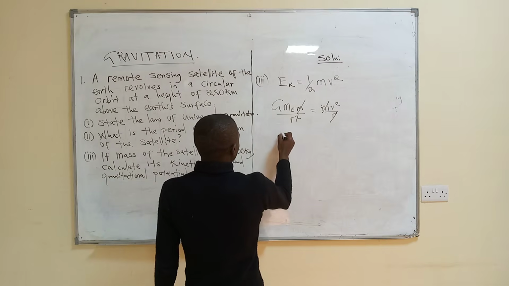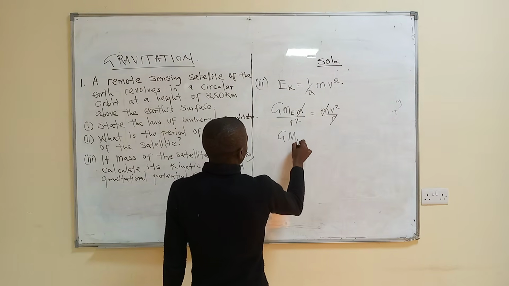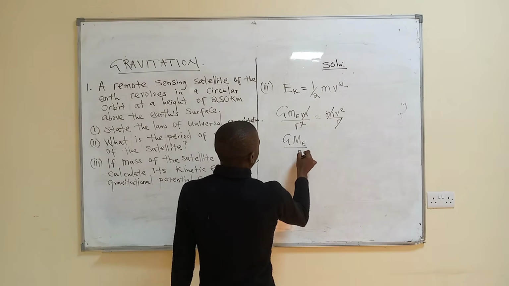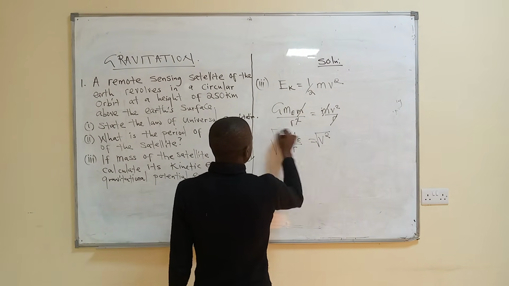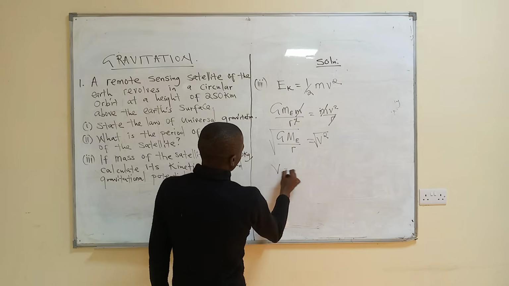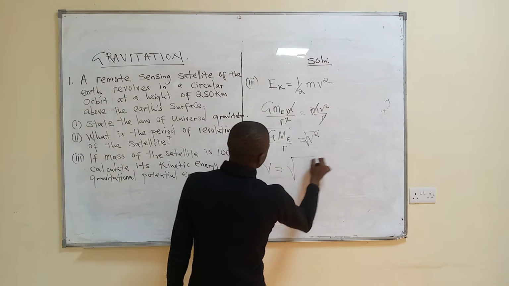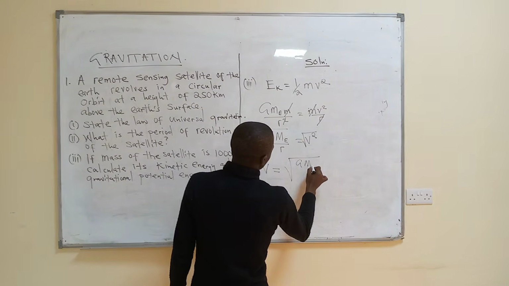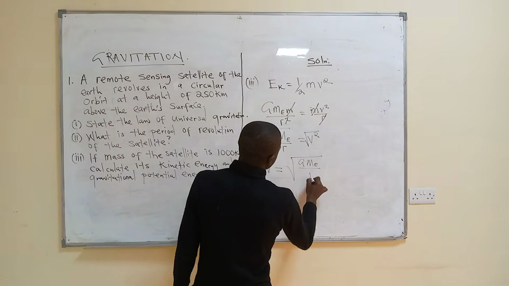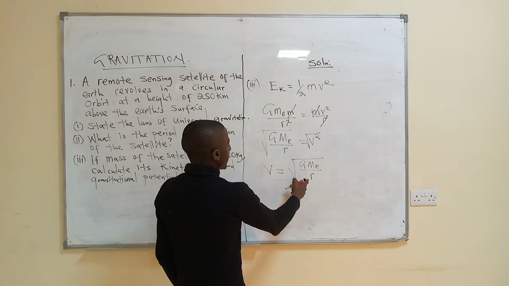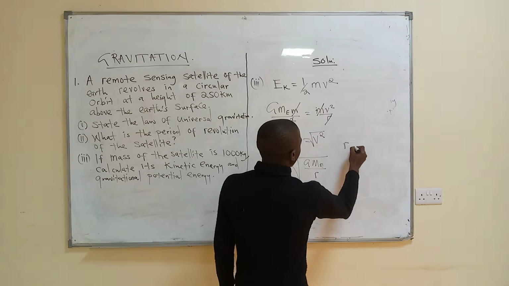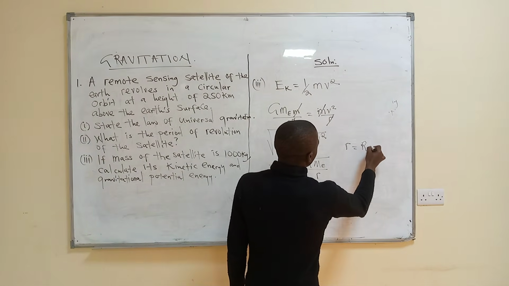You are going to remain with g, mass of the earth, over r is equal to v squared, square root both sides. So orbital velocity is given by g, mass of the earth, over r. Now you have to bear in mind that this r is given by the radius of the earth plus the height.